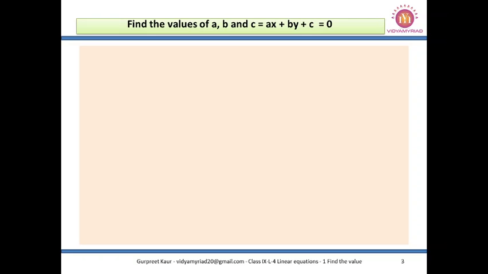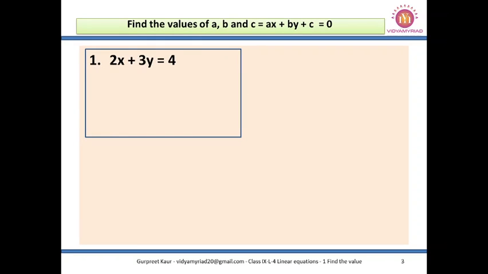Now we need to find out the value of a, b and c in the equation given to you. First of all, you will try to write it into the format given to you, that is ax plus by plus c is equal to 0.